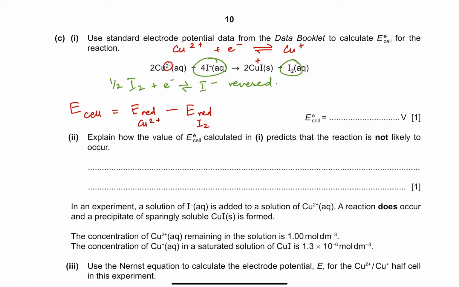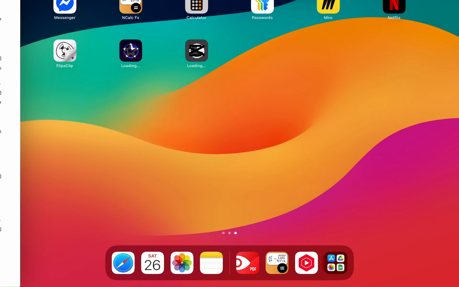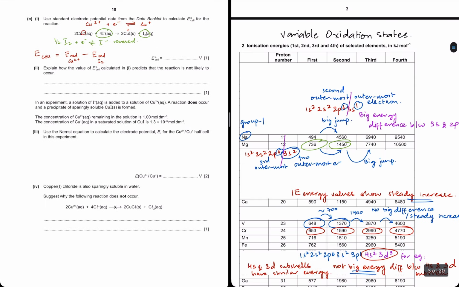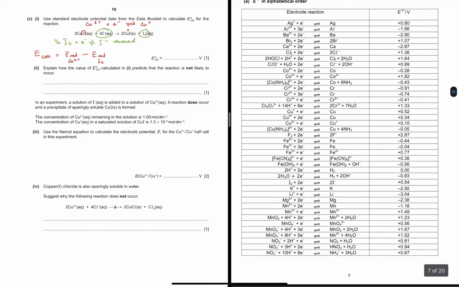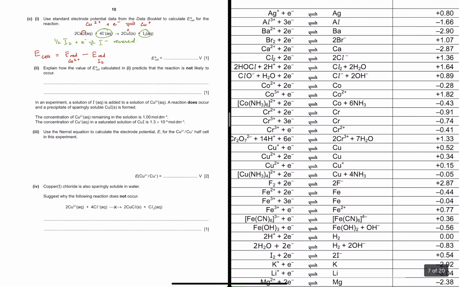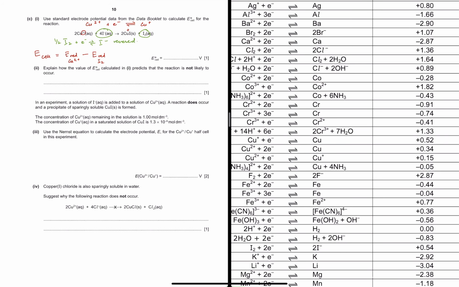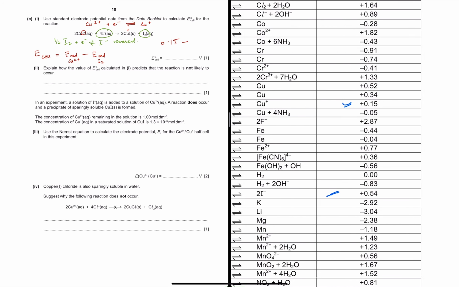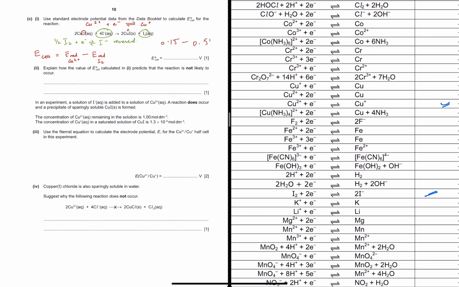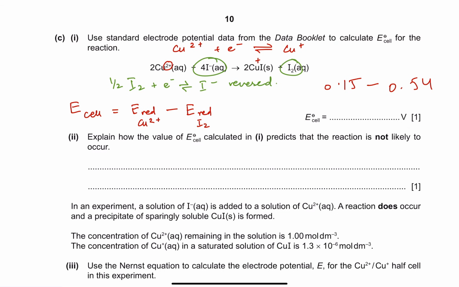I'll just go quickly and check the values. Split screen. Copper will be somewhere here. Here is the 2 to 1 one, so 0.15, and iodine, this one, 0.54. So 0.15 minus 0.54 is basically minus 0.39, which is not a stable reaction.